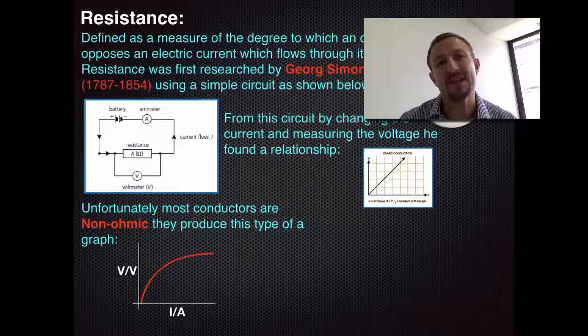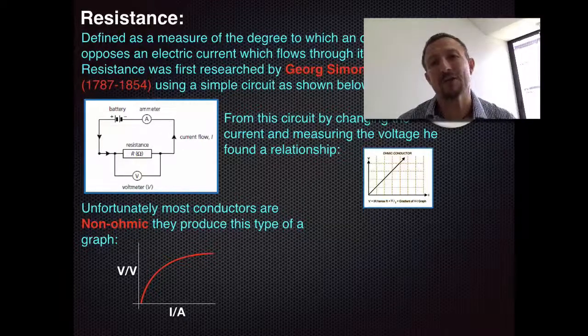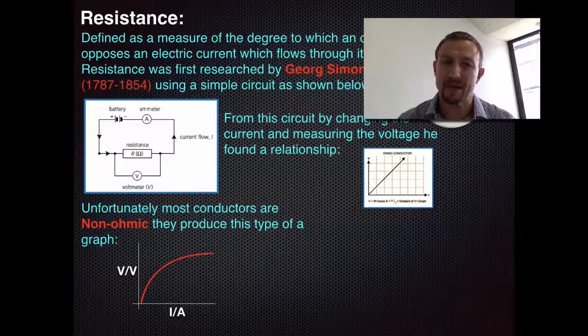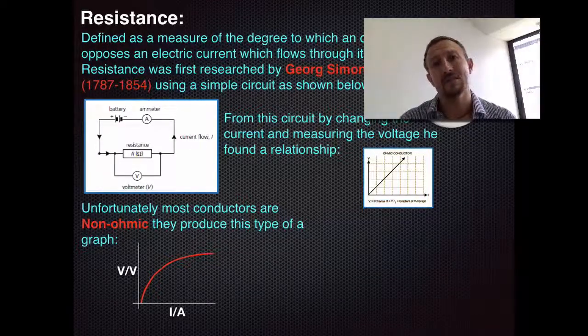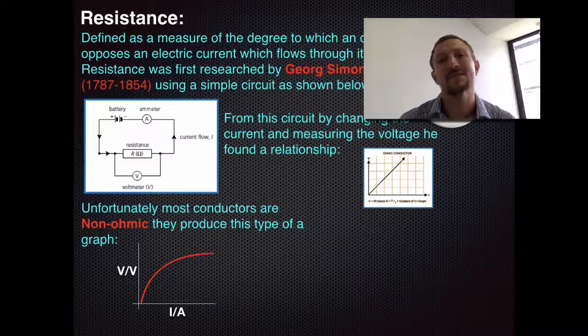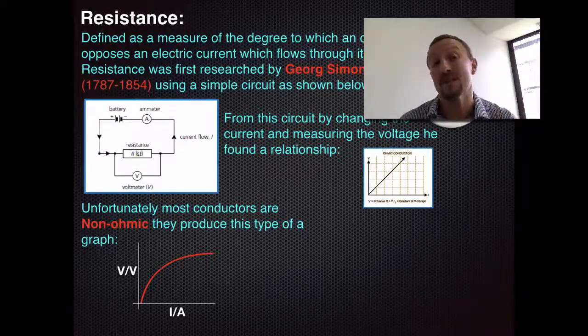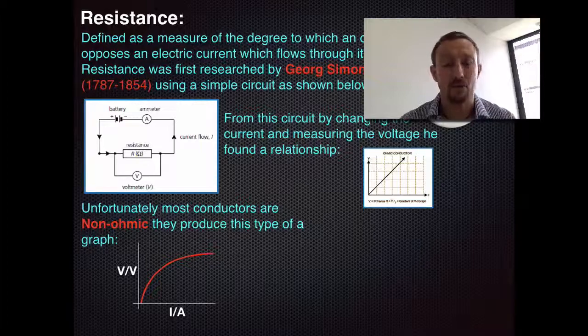Now, the reason for this is that if you put more current into a material, you increase the amount of heat. Heat causes the material to expand. That expansion means there's more space. More space means there's less resistance, which means that the result is that it curves off. Now, most materials are non-ohmic, but at certain temperatures, they will be ohmic and obey Ohm's Law.